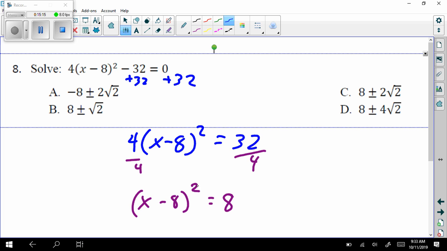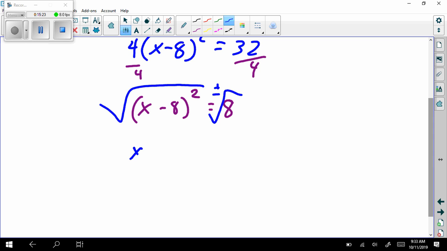Now, to get rid of the squared, we're going to square root both sides. And when we do that, it's plus or minus. So this goes to x minus 8 equals plus or minus the square root of 8. And that can be simplified the same way we did before. 8 can be 2 times 4, and 4 is a perfect square.